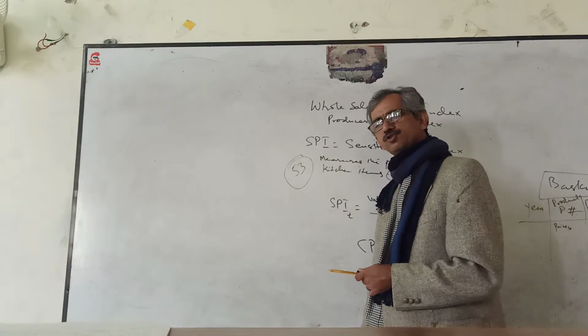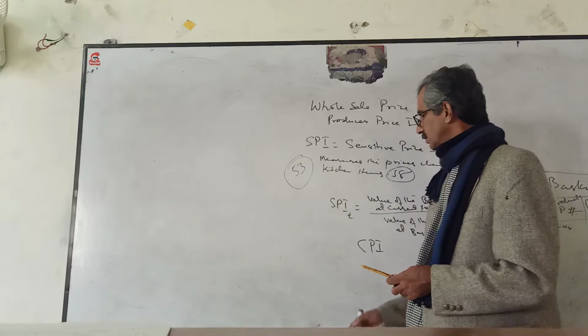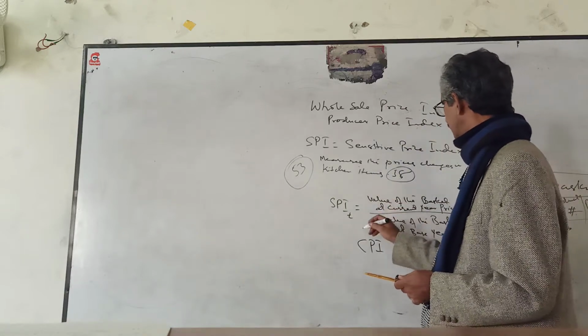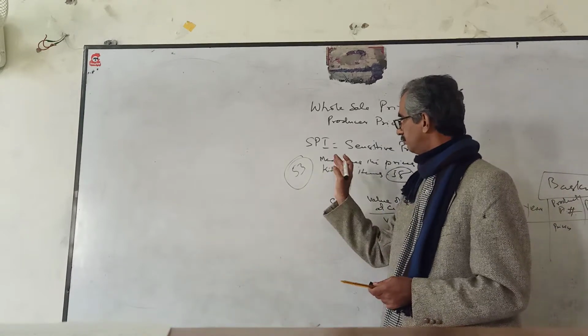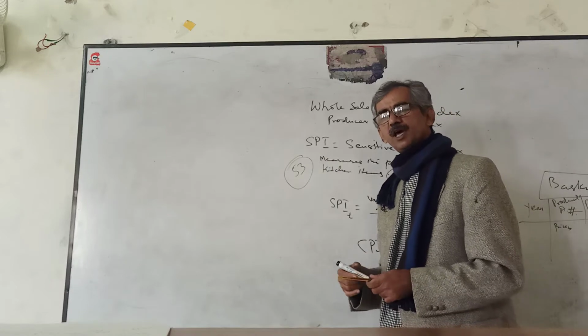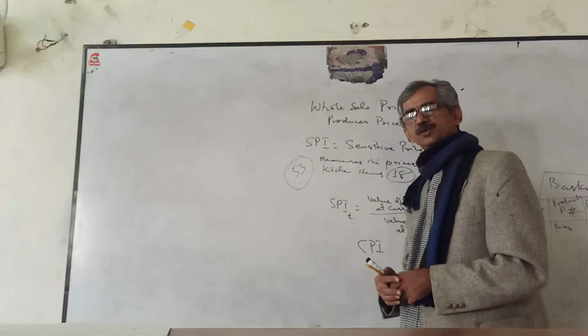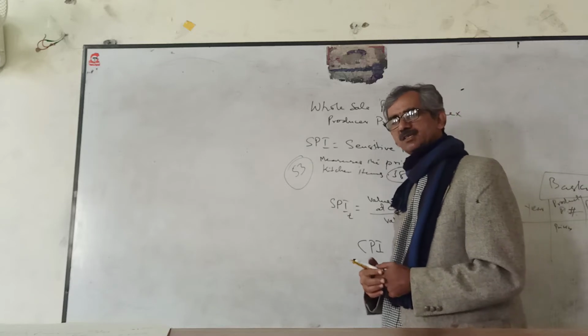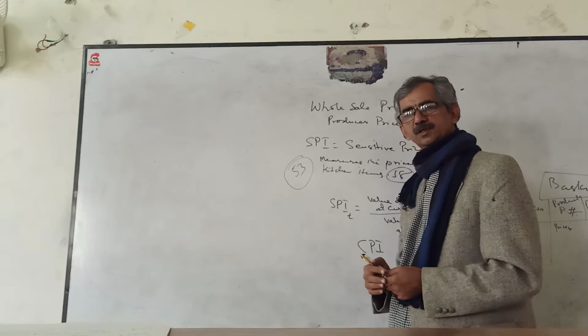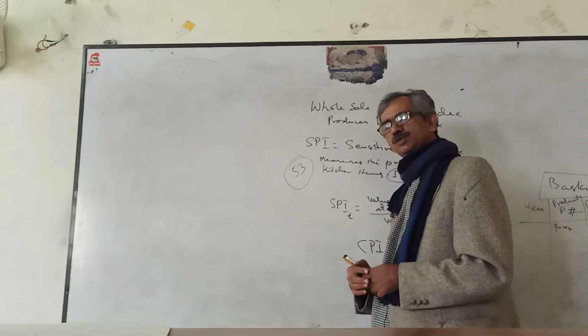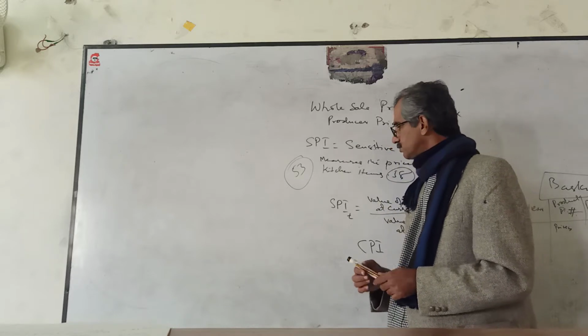SPI measures the price changes of these items on a regular basis, and the measurement procedure of the SPI remains the same as we have discussed for the CPI, the inflation rate measurement of the consumer items.